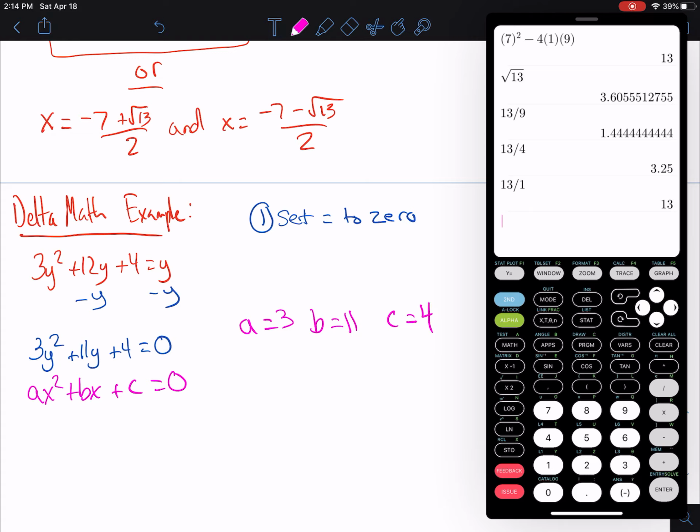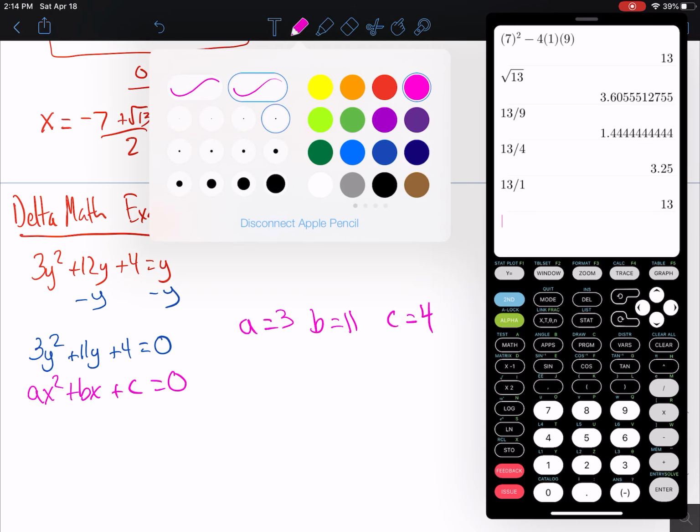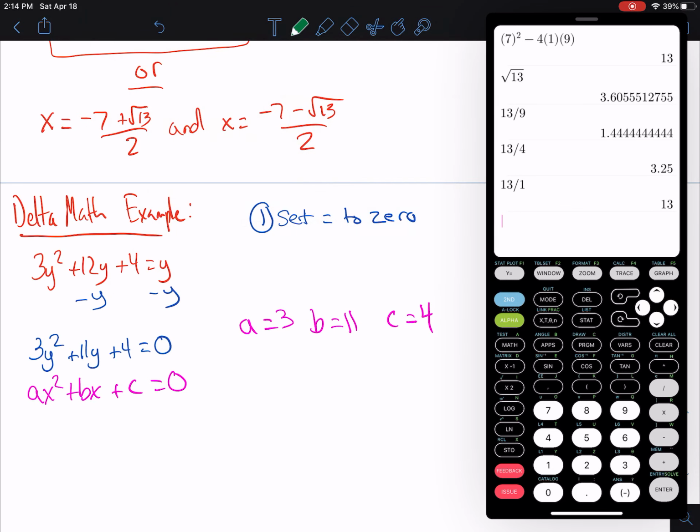Now that I have a, b, and c, I can plug into my quadratic formula. Let's remind you what that was. x equals negative b plus or minus the square root of b squared minus 4ac all over 2a.